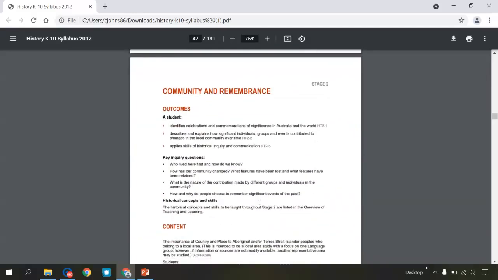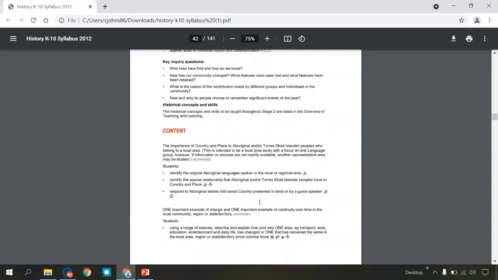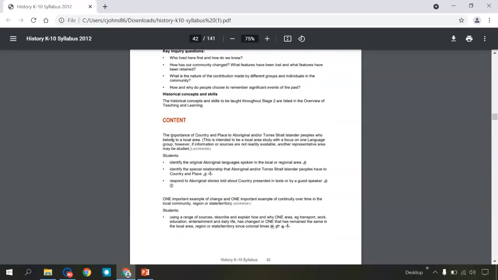So when you're looking for the content, this is the first topic for stage 2. We've got the outcomes at the top, the key inquiry questions, and then down here is the content. This part at the top is the main part of the content, and underneath that is what students will be able to do in relation to that content.